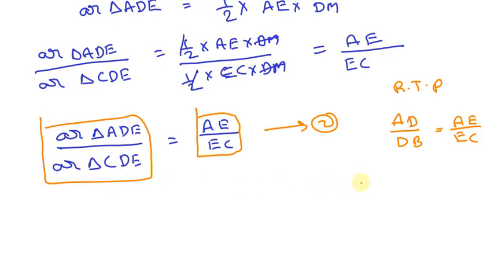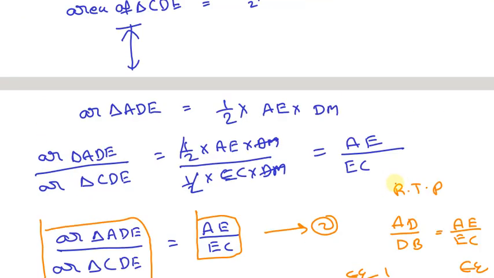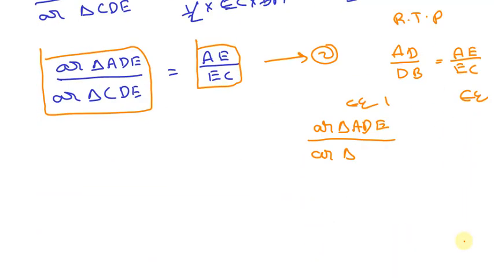What are the LHS parts of both equations, equation 1 and equation 2? In equation 1, the LHS part is area of triangle ADE by area of triangle BDE. In the second equation, the LHS part is area of triangle ADE and area of triangle CDE.